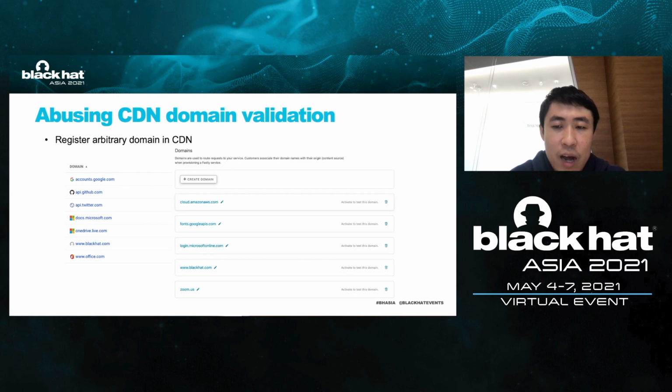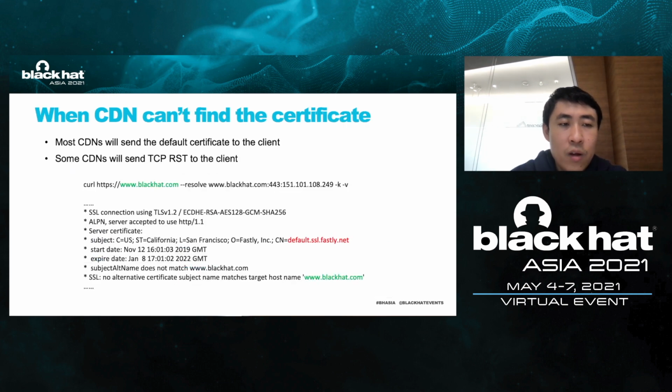As you can see in the slides, we registered many famous domains in Fastly and StackPath, like Google, GitHub, Twitter, and so on. Registering a domain in CDN seems useless because we do not have the corresponding certificate.